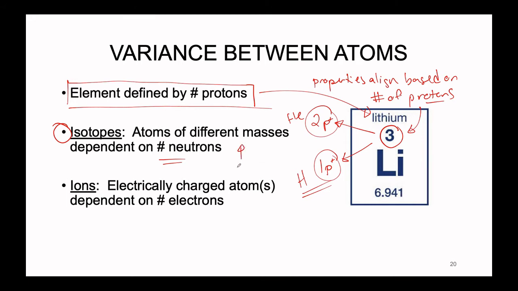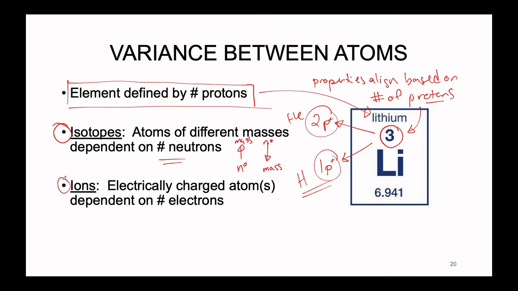So greater number of neutrons, we're going to have a greater mass. The lesser the number of neutrons, the lesser the mass. And again, we do see some slightly different physical or chemical properties, just subtly different depending on how many neutrons we have, but it is going to be the same atom, just different masses.